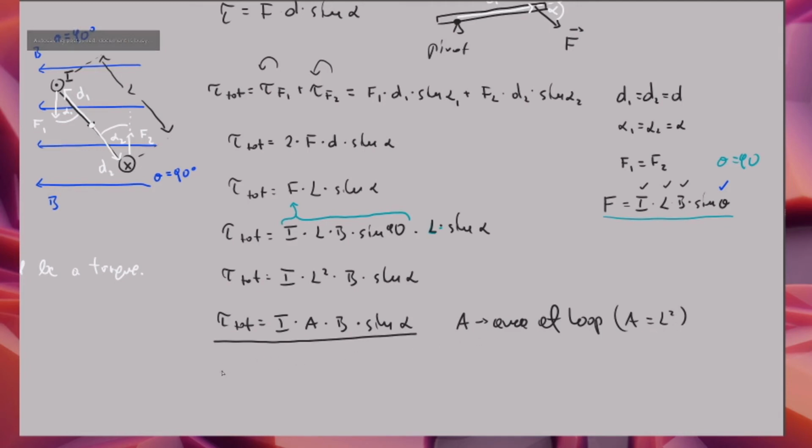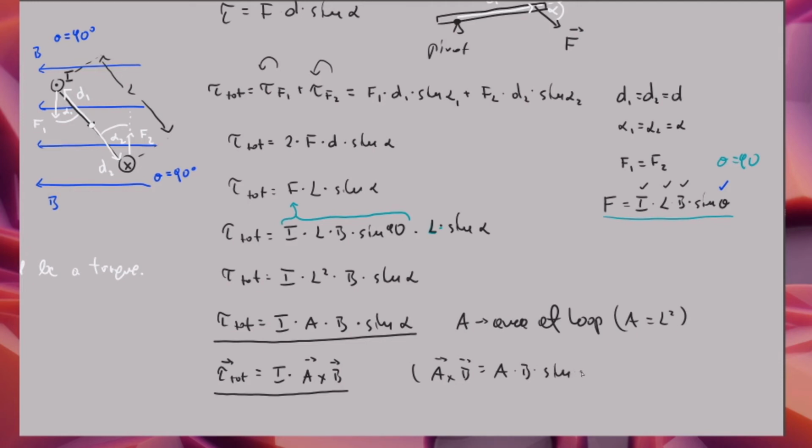Now you might notice that this can be turned into a vector, which it should be because torque is a vector. And that would amount to I times A cross B, since A cross B is A times B times the sine of the angle alpha, where alpha is the angle between A and B. Now this expression here is really for the calculus-based physics class.